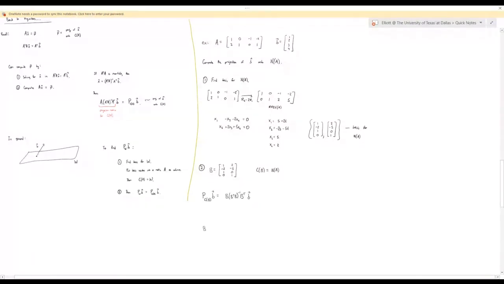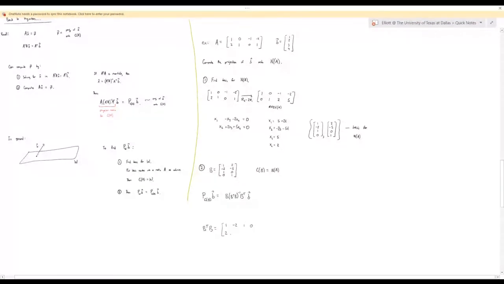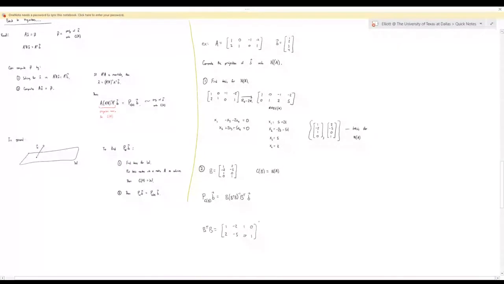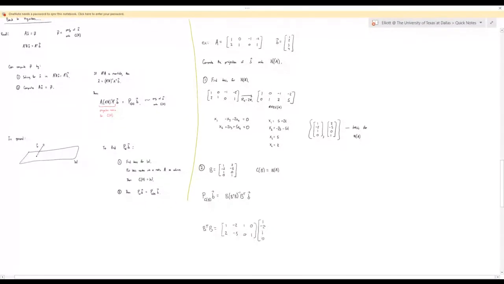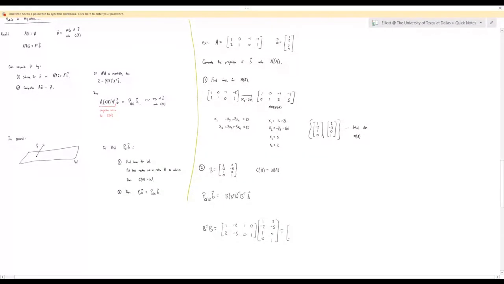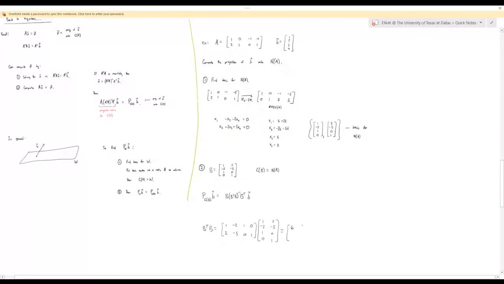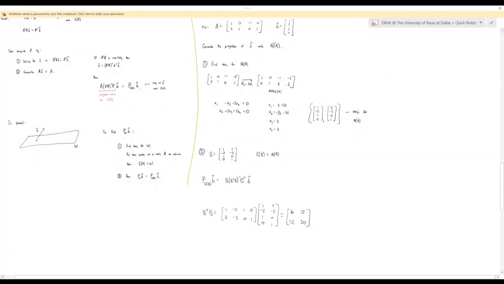So first, let's compute B transpose times B. So B transpose is 1, -2, 1, 0, 2, -5, 0, 1 times B. So I'll work this out. 1 plus 4 plus 1, 2 plus 10, 4 plus 25 plus 1, it's 30. Okay. All right, so that's B transpose B.